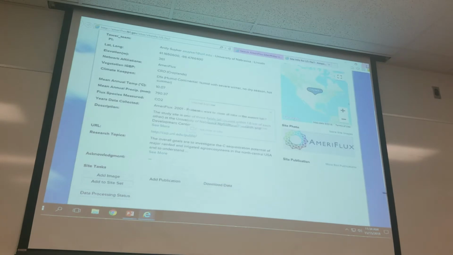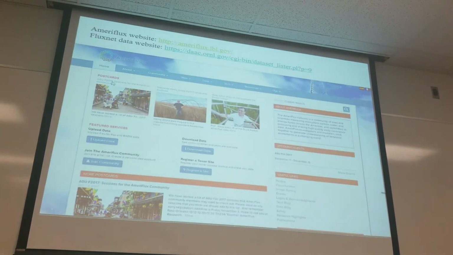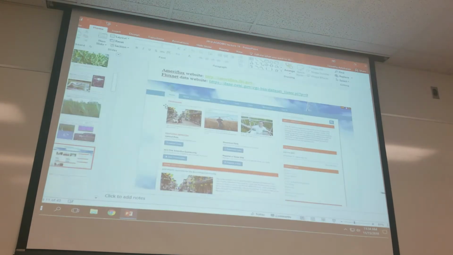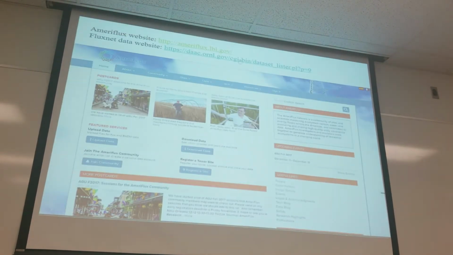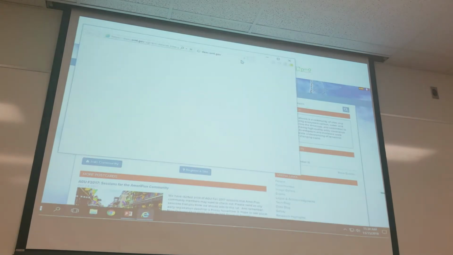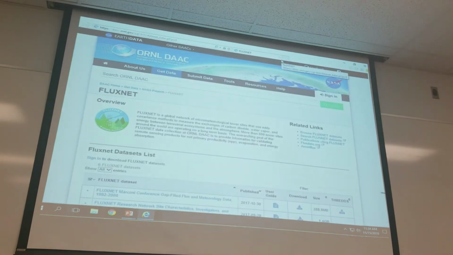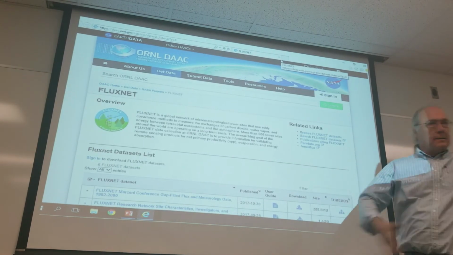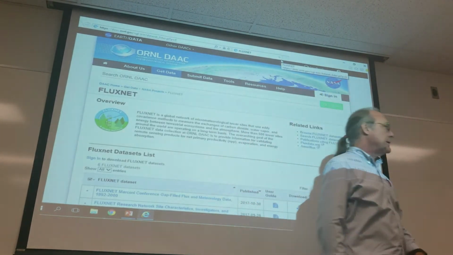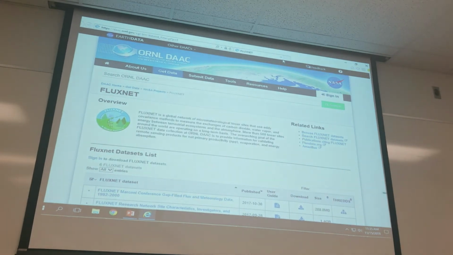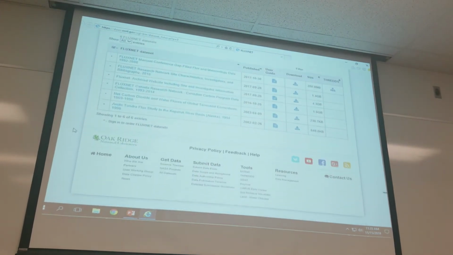Ameriflux is part of a larger network called FluxNet. And this one may take a while. Oh, there it is. So FluxNet is the same as Ameriflux, but it's around the whole globe, right? There are these covariance stations all over the world.